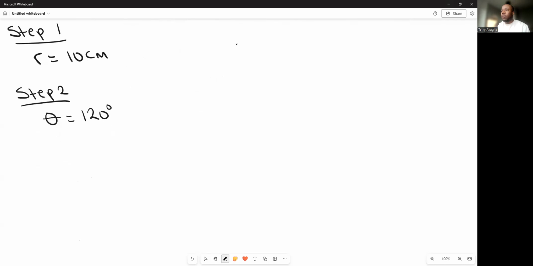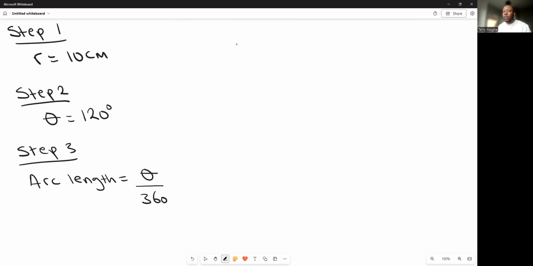So step 3, because it was in degrees, the arc length is going to be equal to theta over 360 times 2 pi r. So that will give me theta is 120 divided by 360 times 2 pi times 10.